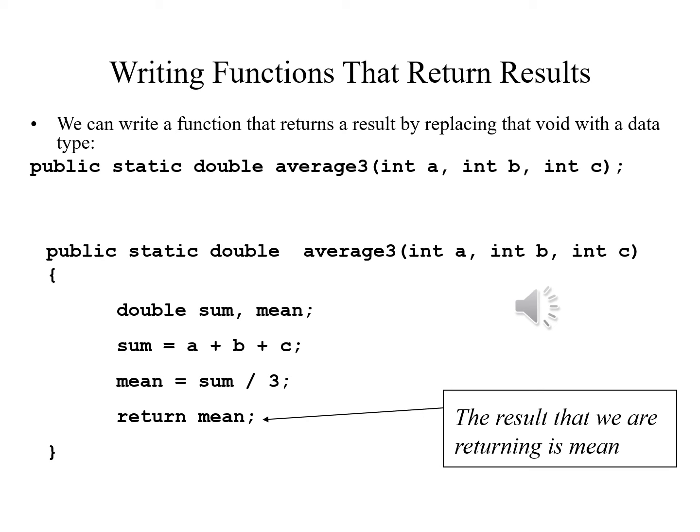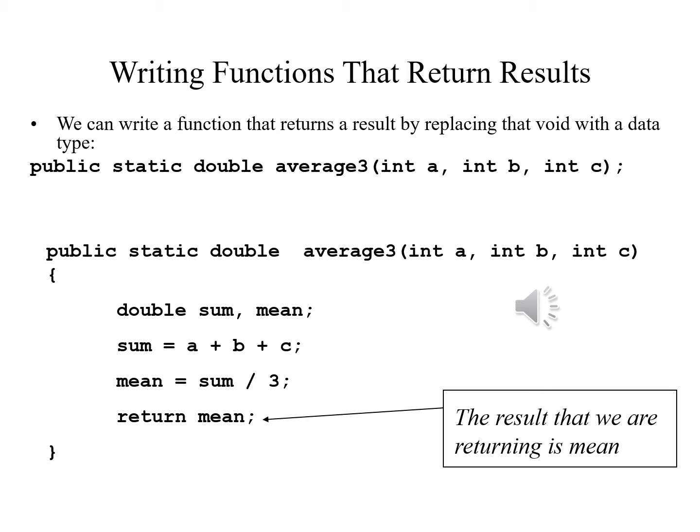We can write a function that returns a result by replacing the word void with a different data type. Now we have public static double average3(int a, int b, int c), and afterwards an open brace.